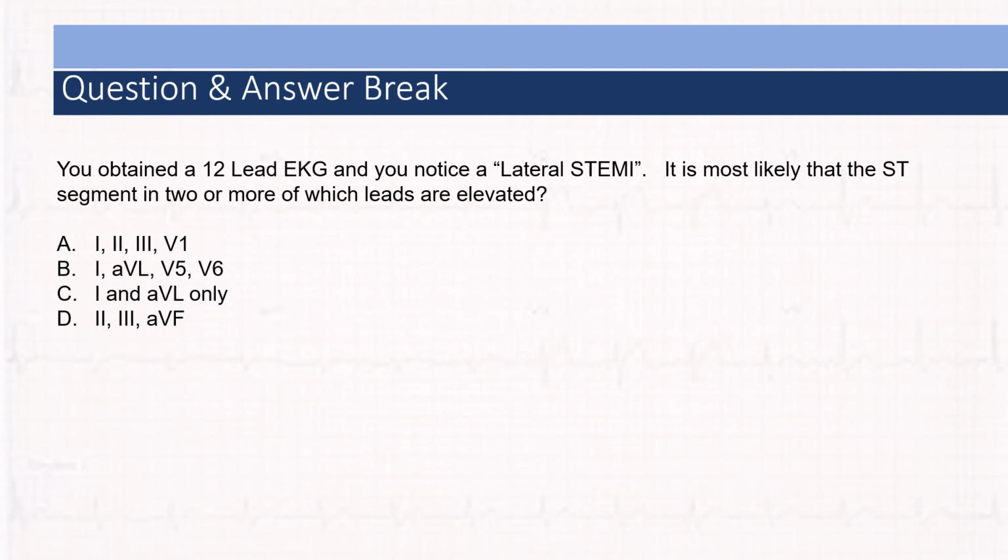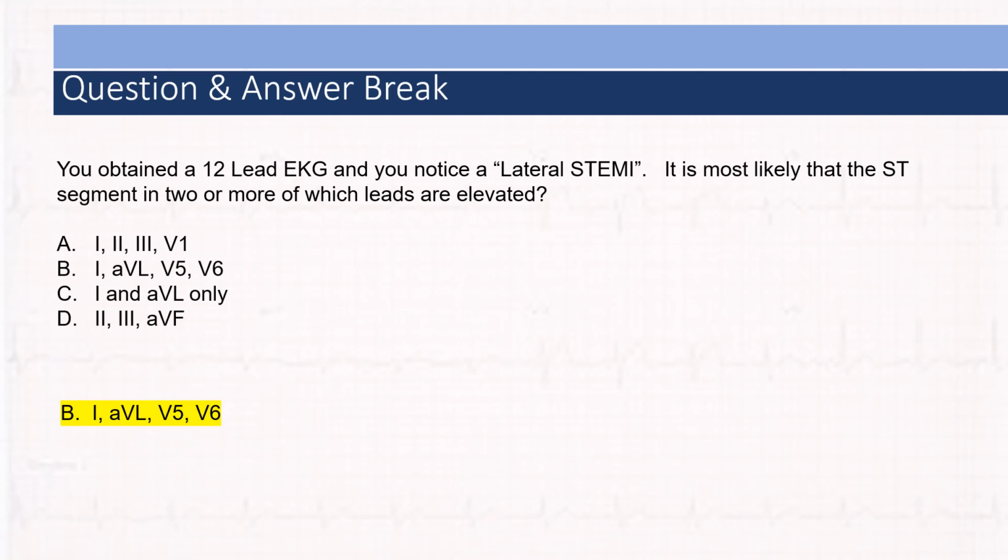C, 1, and AVL only. D, 2, 3, AVF. If you have answered 1, AVL, V5, V6, you are correct.